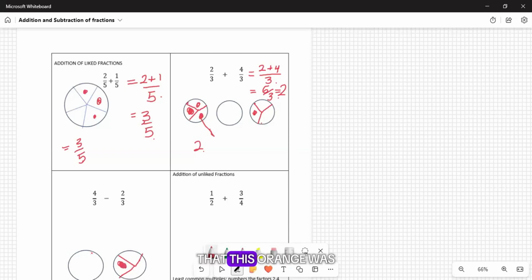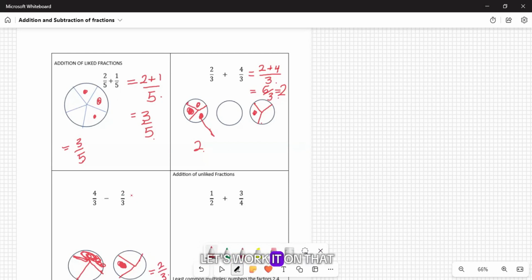But remember that this orange was shared among 3 people. So with this one too, we can still divide it into 3 equal parts. And what it means is that this is 1/3. So when we take this one out, you'll be left with 2/3. So we can have 2 out of 3.